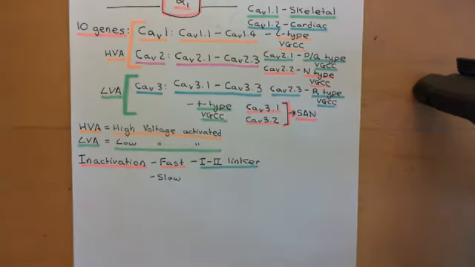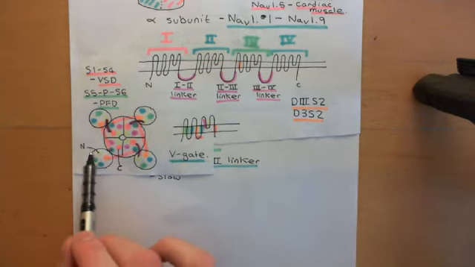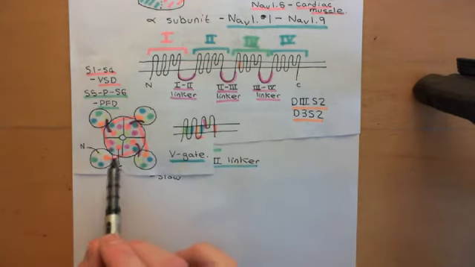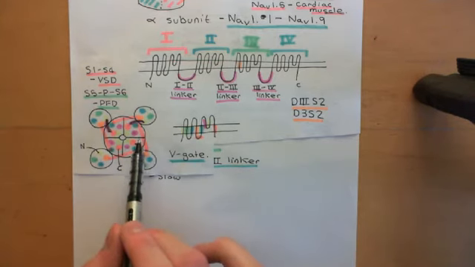So let me just bring back up my picture of what the voltage-gated calcium channel alpha 1 subunit looks like. Here is the voltage-gated calcium channel alpha 1 subunit, and here is the linker between domain 1 and domain 2. Here is domain 1, here's its voltage sensing domain, here's its pore forming domain.